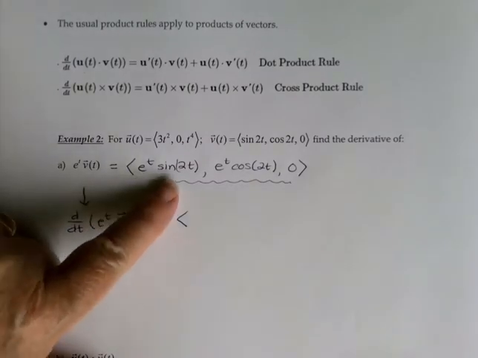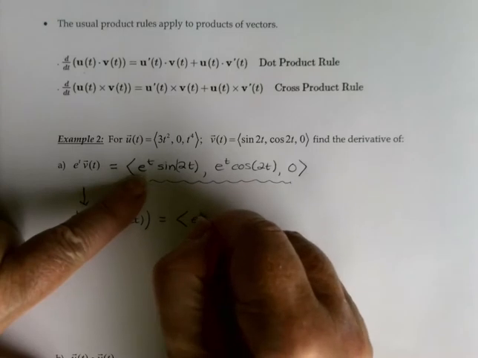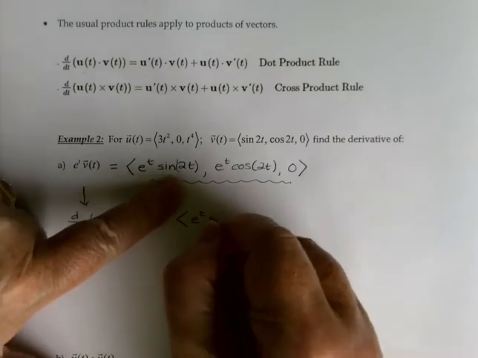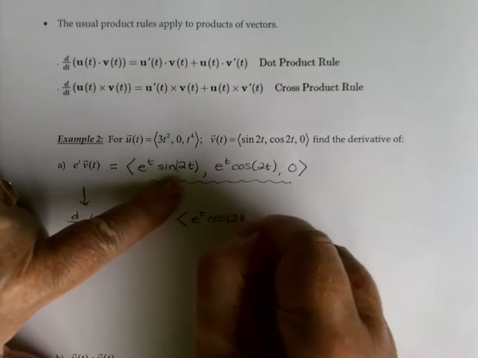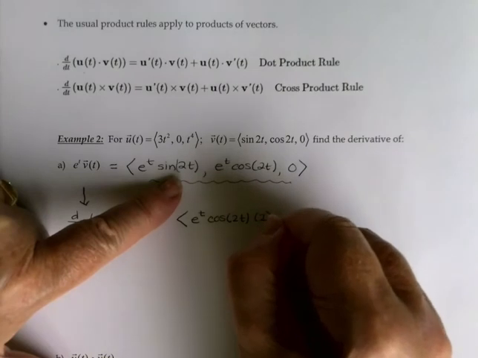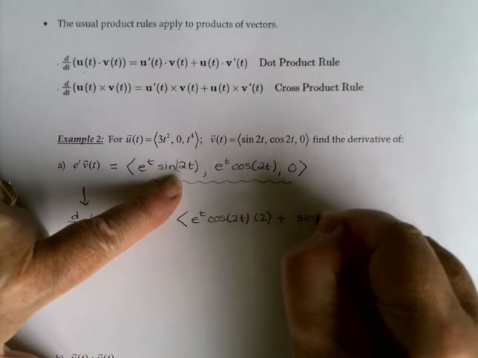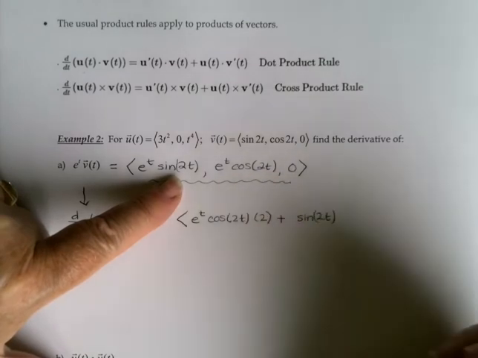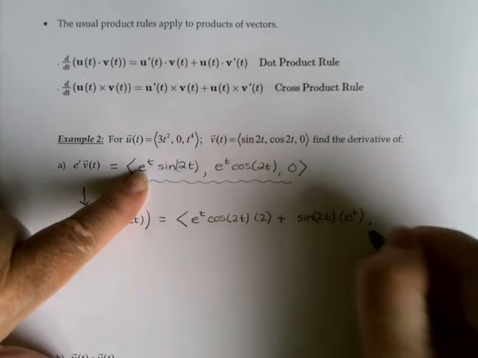So I do have a couple little product rules here. Let's see, I'd have e to the t times the derivative of sine 2t, which would be cos 2t times 2, plus sine 2t times the derivative of e to the t, which is still e to the t.